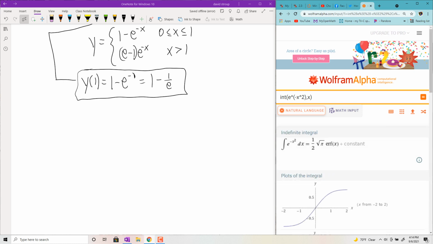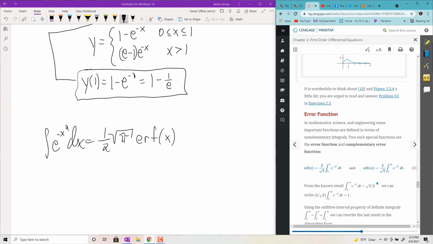You see it right there, ERF. So we can define the integral of e to the negative x squared dx as one half square root pi ERF of x.